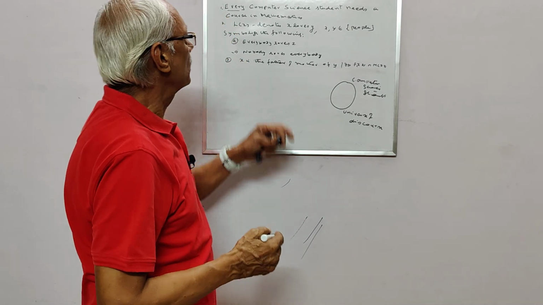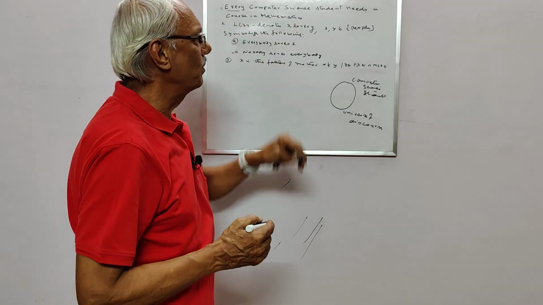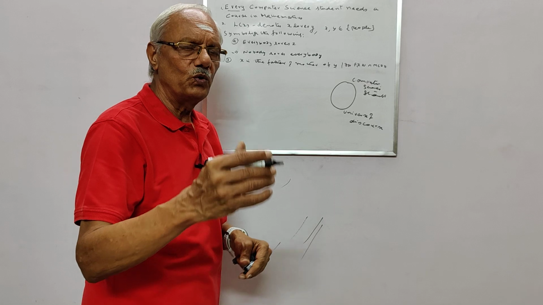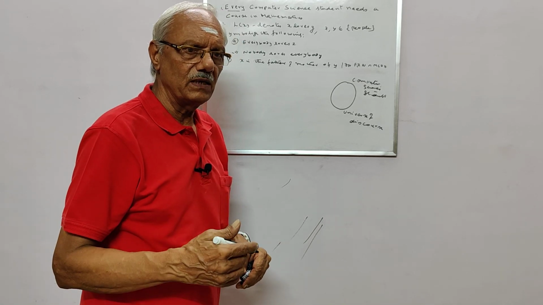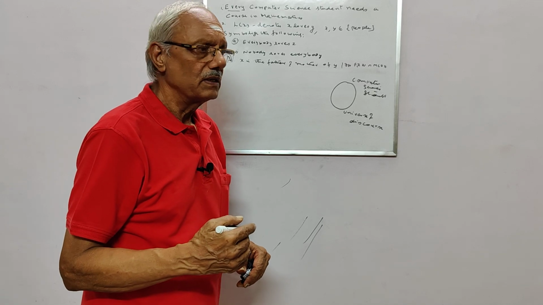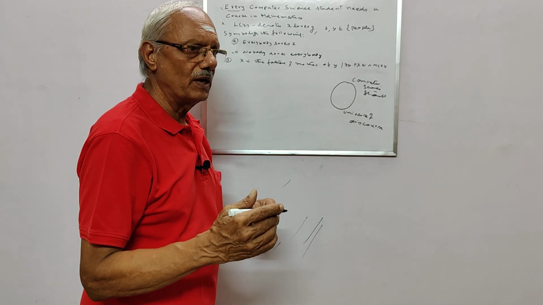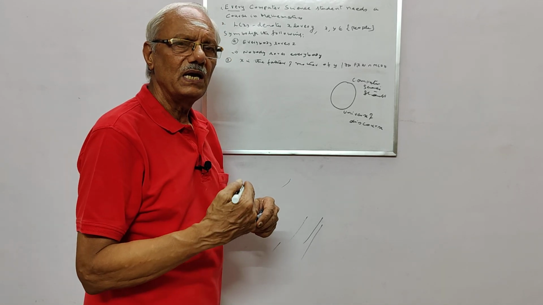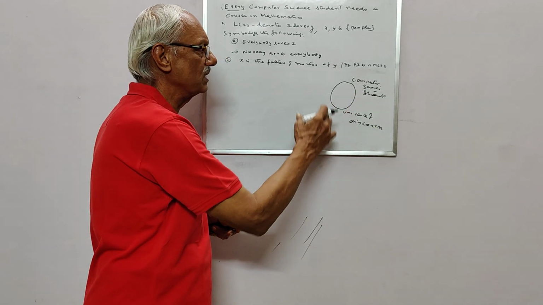For this particular problem number 1, which I am going to express mathematically, I require a domain from which I can pick the elements. So this is a computer science student.